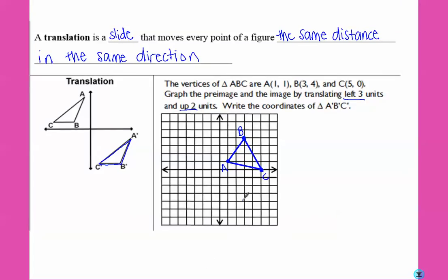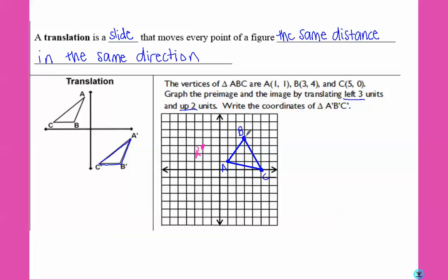So now I'm going to take each of these points and I'm going to go left 3 and up 2. So I'm going to start with A, I'm right here. I'm going to go left 3 and up 2. And that will be A prime.